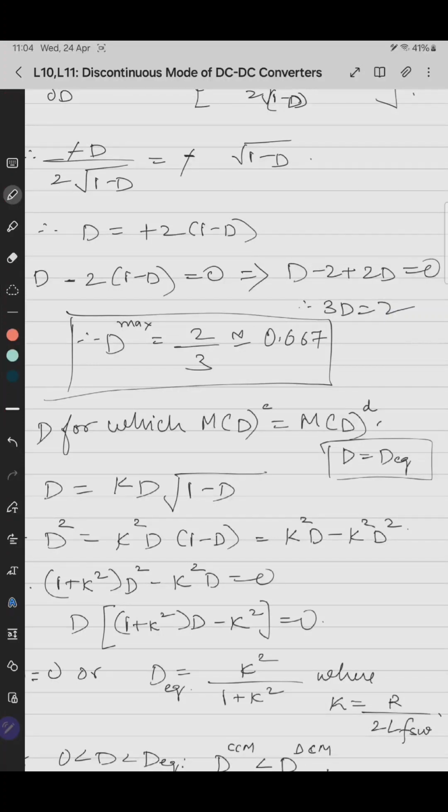So if a buck converter operates in discontinuous conduction mode, then at this duty, that is 0.667, you will get maximum gain out of it, irrespective of the loading condition and other voltages.